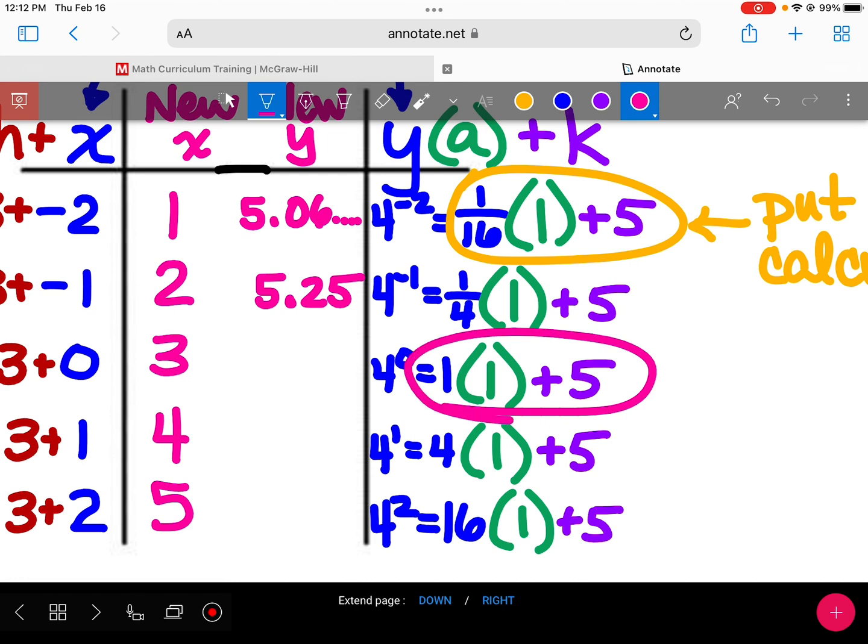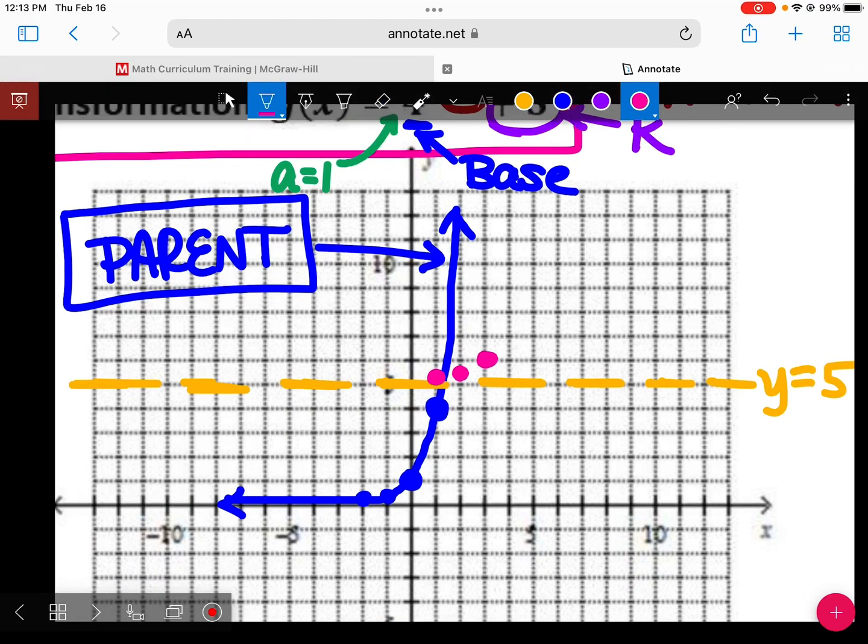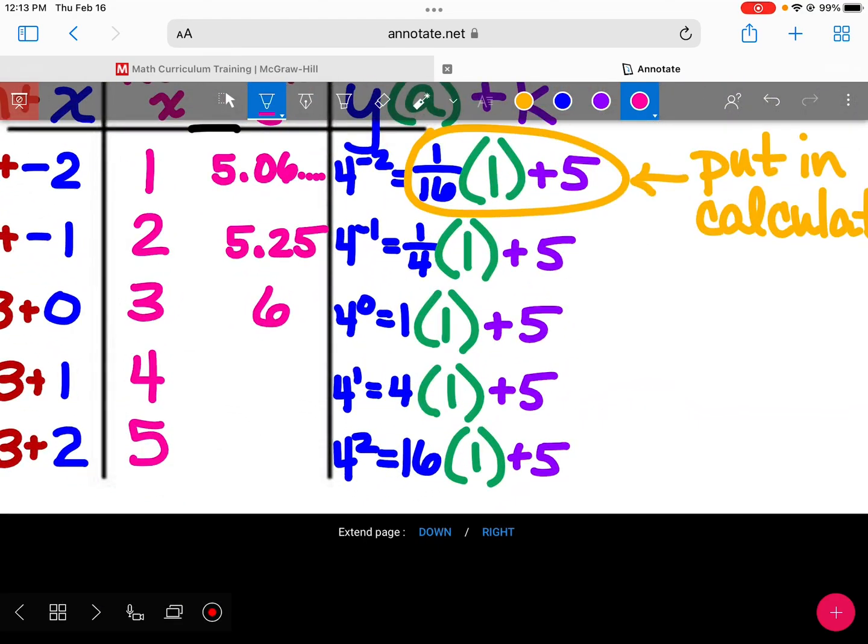What about this third one down? Six. I have a point at 3, 6. Right here. Next to last. 9. So I have a point at 4, 9.